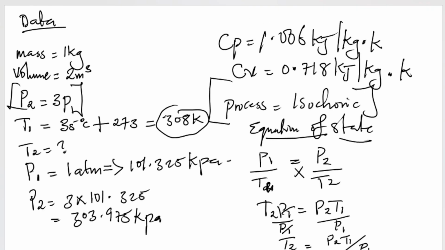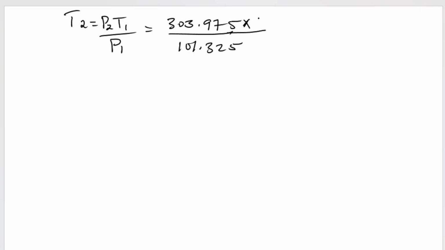Your T1 was 308 Kelvin. So what you do is you punch your calculator to get the value of T2. Punching my calculator, I arrive at the value 924 Kelvin.